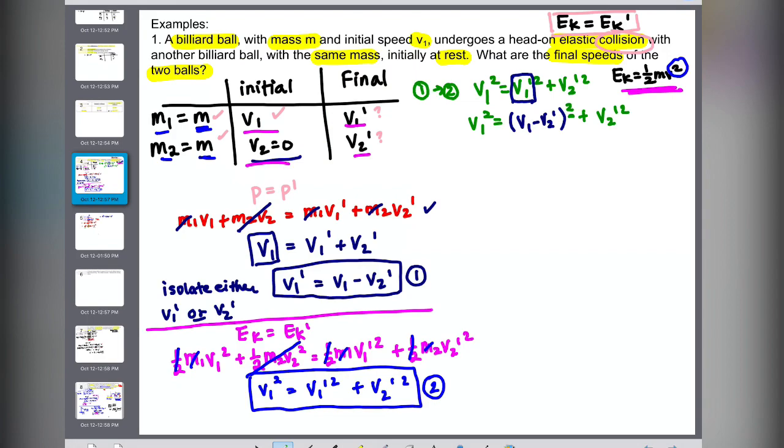I'm just going to plug it in as one step, okay? So v1 square equals, expand this out, v1 square minus 2v1 v2 prime adding v2 prime square plus v2 prime square.